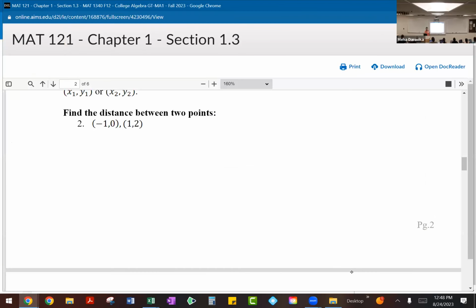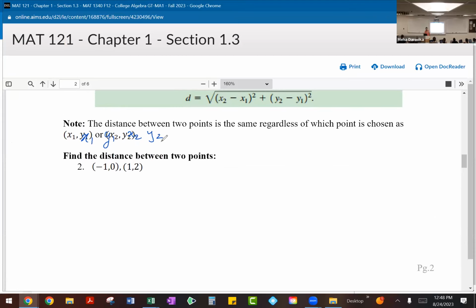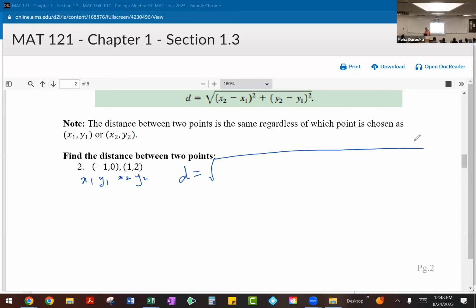These are our two points. It does help to label them. So you can say this one is x1, y1 here, and this one is x2, y2, so that when you put it in your distance formula, the distance formula is square root.